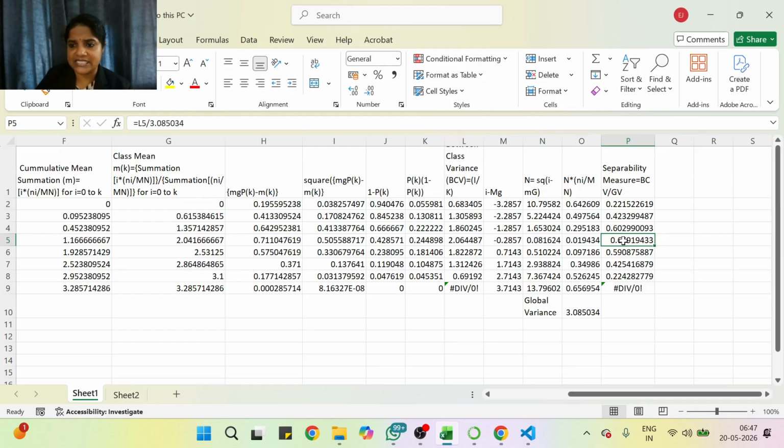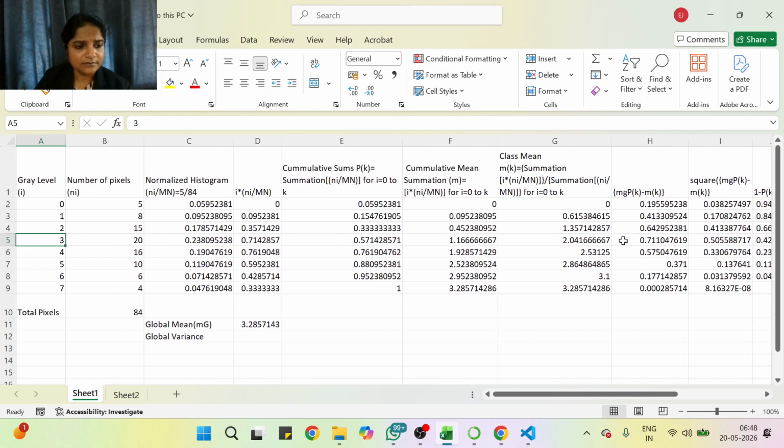As you can very clearly see, we get the maximum separability measure again for k equal to 3. So we have effectively found the optimum threshold for differentiation.